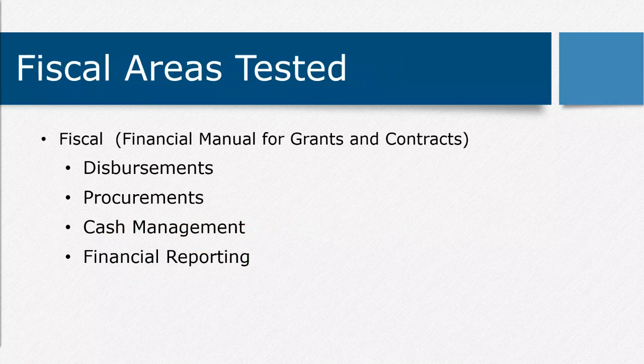Now I will go over the rest of the monitoring process, starting with the fiscal areas tested. During our disbursement testing, monitors verify that all transactions charged to the grant are allowable, reasonable, necessary, allocated correctly, and are properly supported.